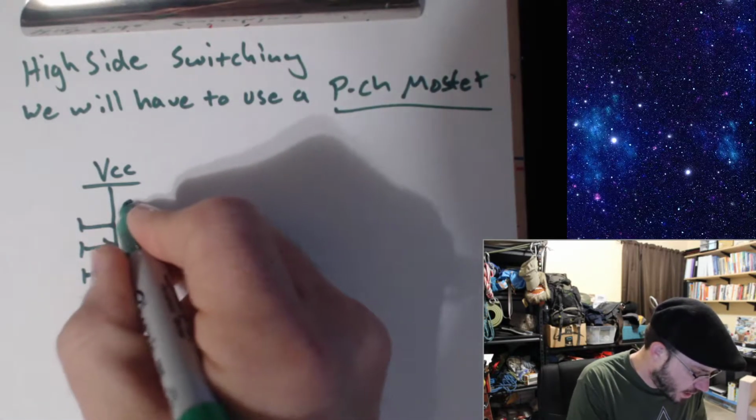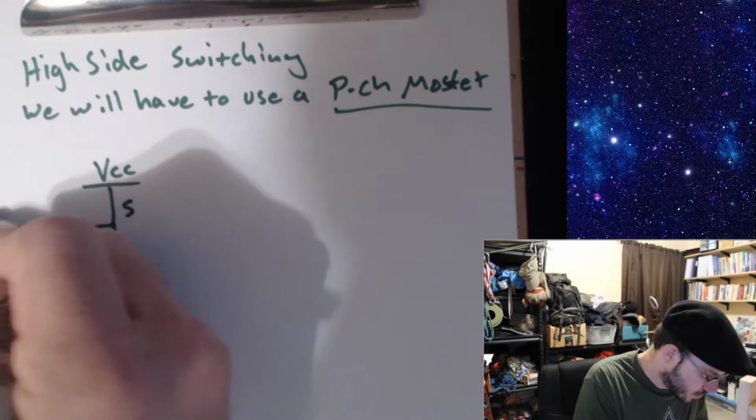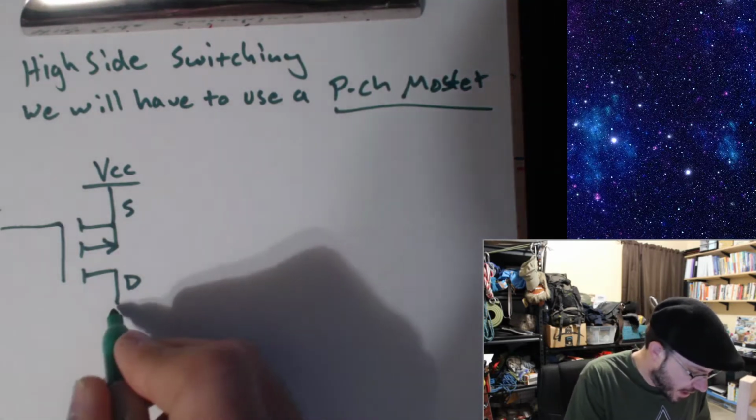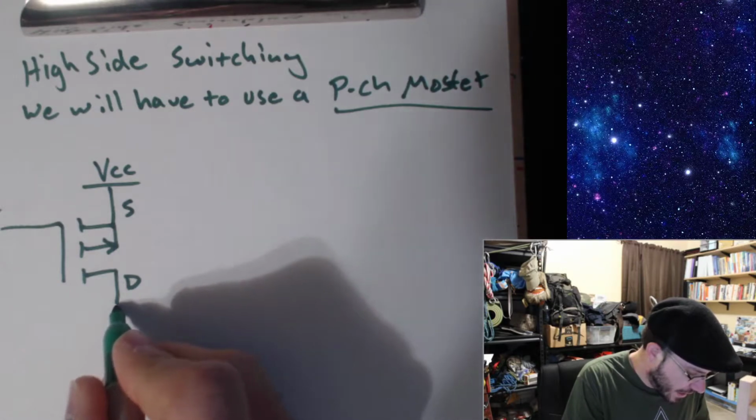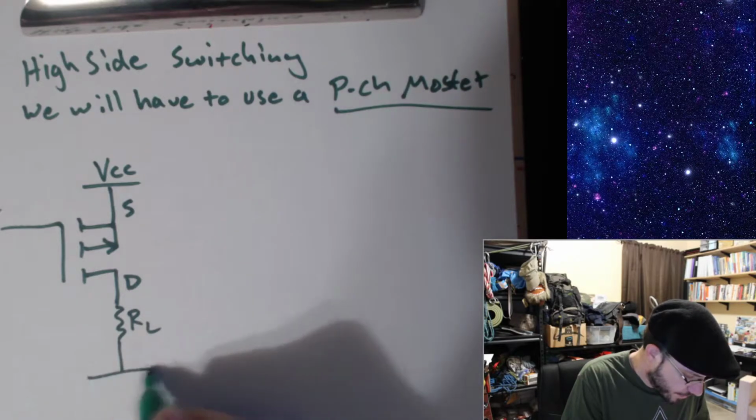Okay, so let's set this up. We have a drain here, we have a source here, and our gate is up there, and then let's attach our load down here.